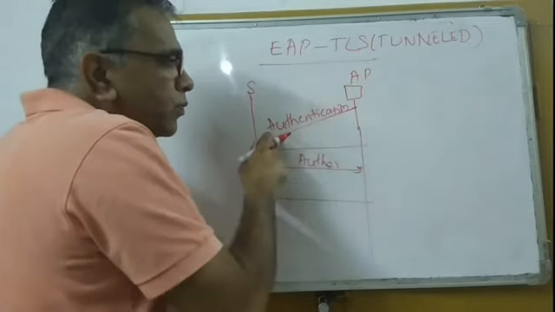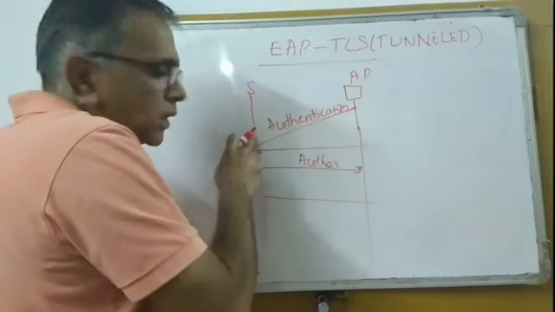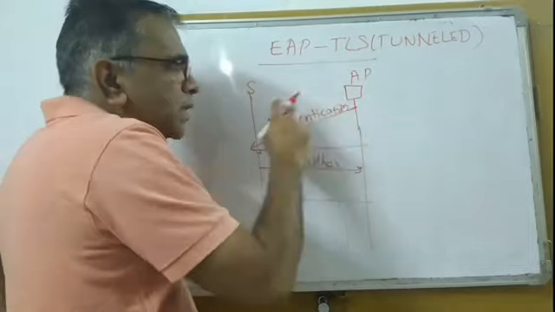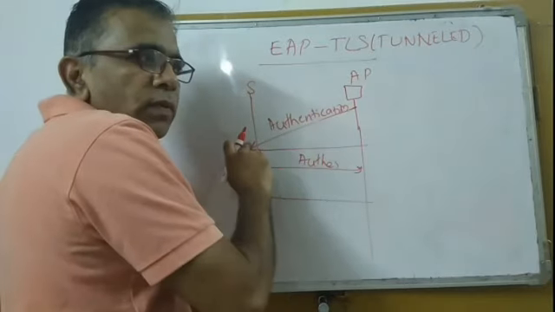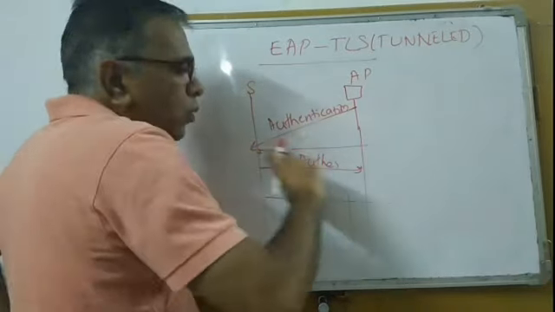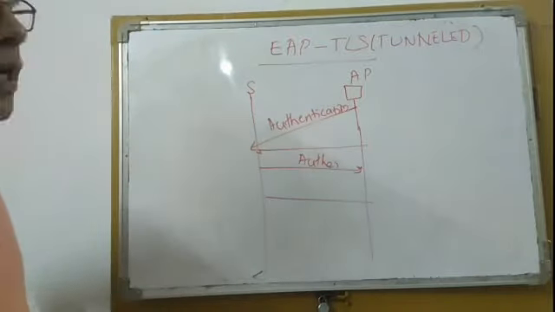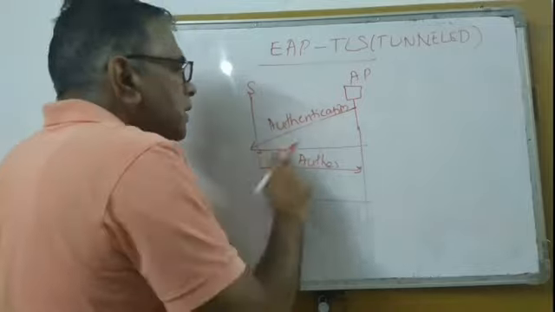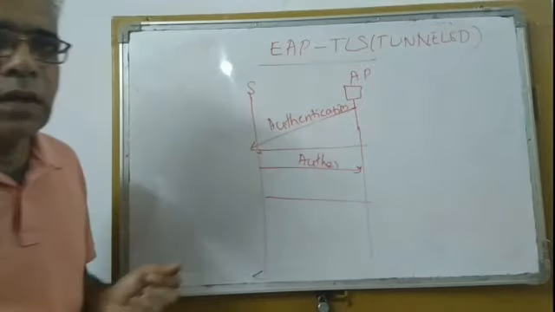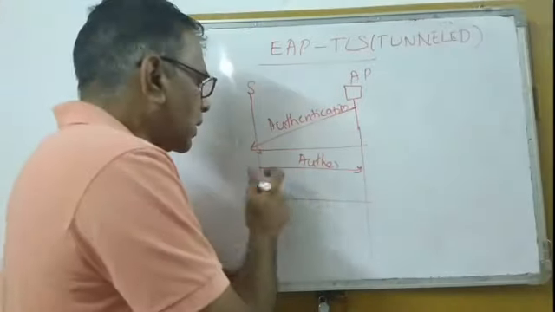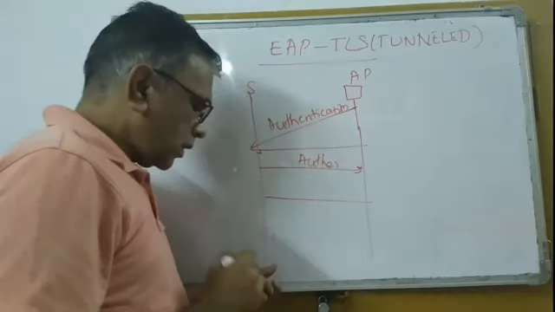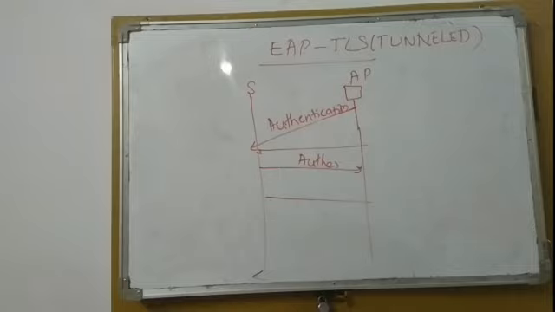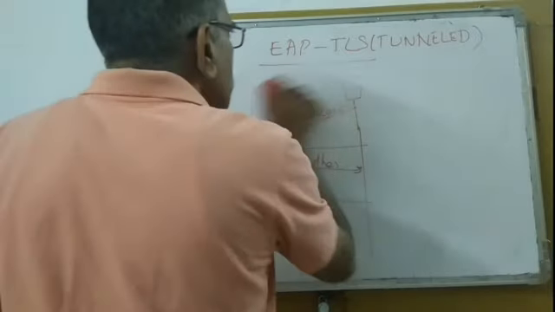Because of that, it can authenticate itself to the stations. In this authentication method itself, the AP conveys to the station to go for a secured tunnel. Once they agree, they create a secured tunnel through which the station authenticates itself to the AP. Once this authentication is over, further communication takes place between the station and the AP. So this is how EAP-TLS works.